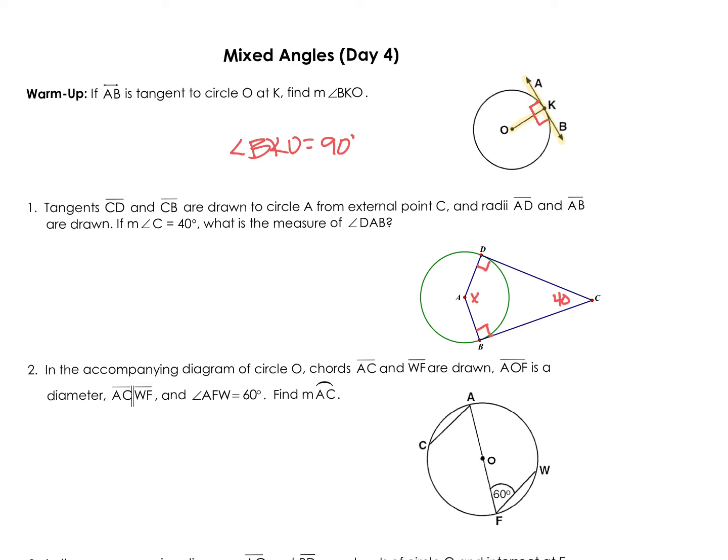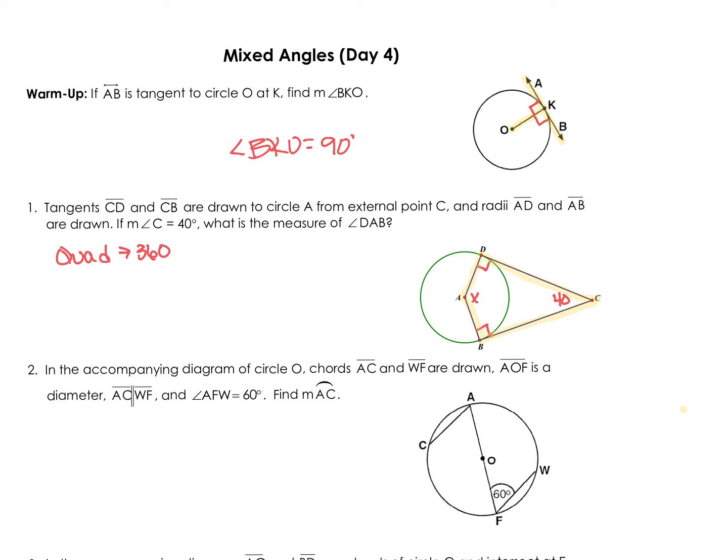Now, this is a little challenging because we don't have a shape like a triangle that we're used to. We actually have, I'm going to call it a quadrilateral because it has 4 sides. And if you remember, a triangle's angles add up to 180, a quadrilateral adds up to 360.